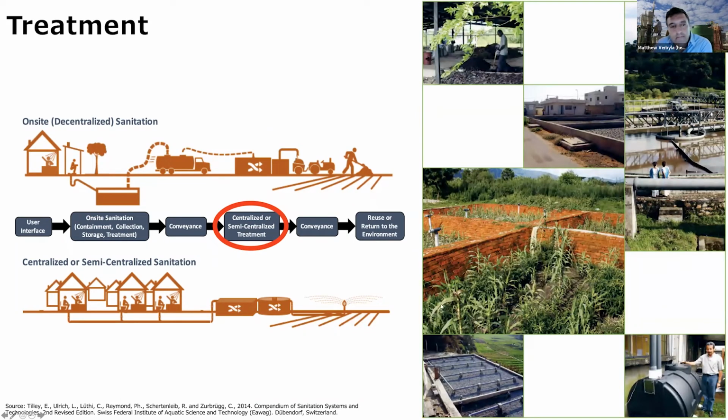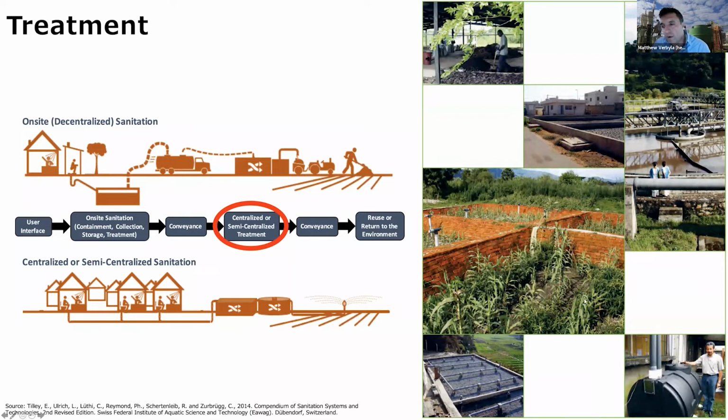For the treatment, you also see a wide variety of technologies, right? Different types of reactors, some that are designed for handling solids like fecal sludge, others that are designed for handling liquids like wastewater, where there's a higher volume of water and less concentration of solids.